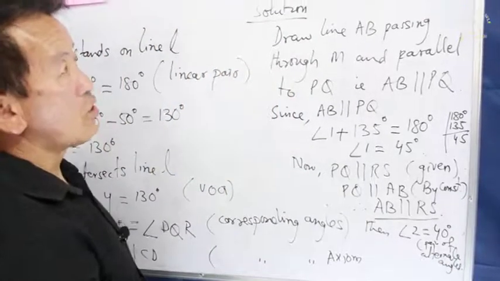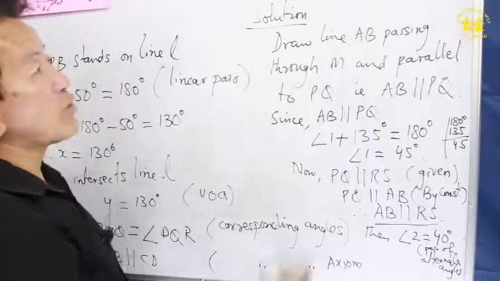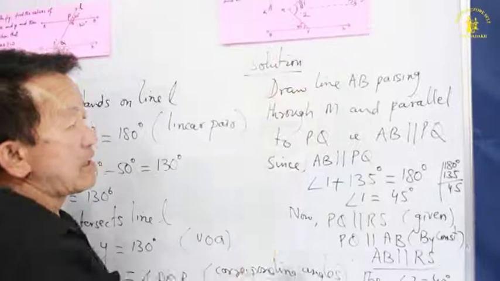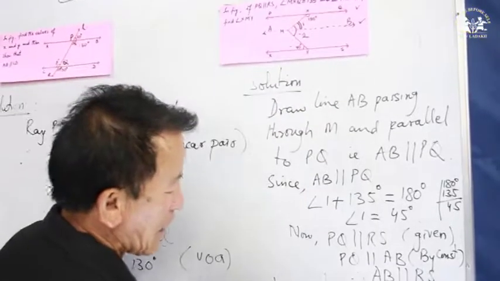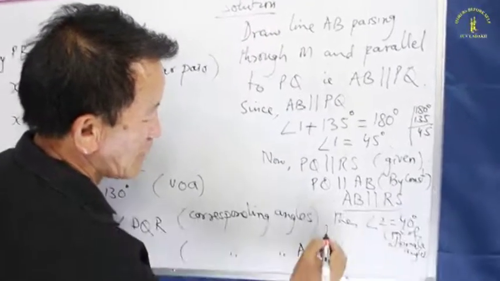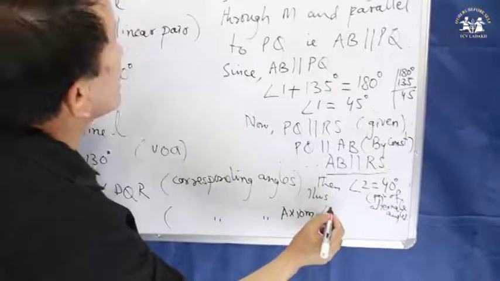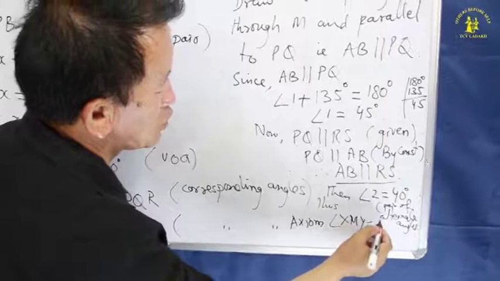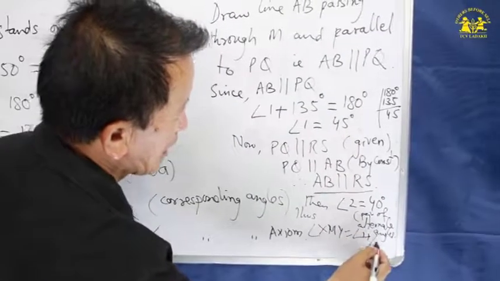Now what we need to find is the value of this angle XMY. Thus angle XMY is equal to angle 1 plus angle 2.